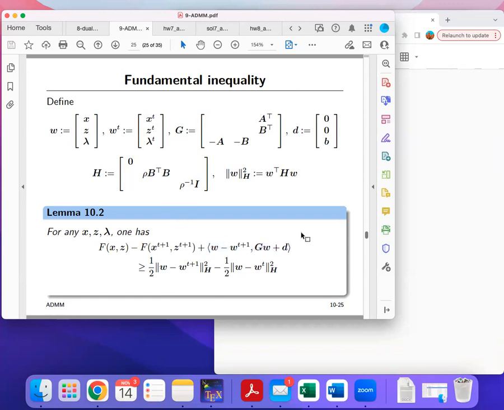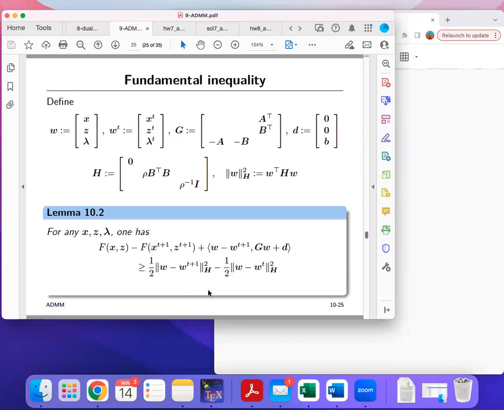And this lemma says that these terms are lower bounded by the difference between these two distance terms. It's omega minus omega t plus 1, taking the H norm to the power of 2, minus the same norm, but between omega and omega t.